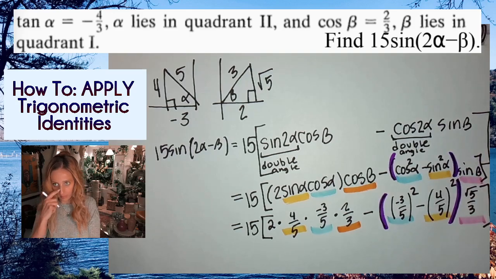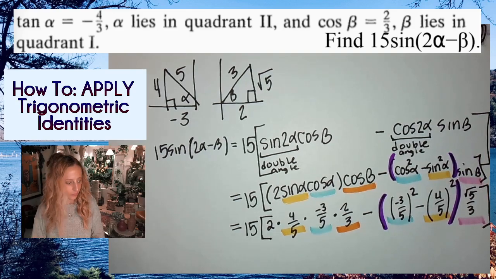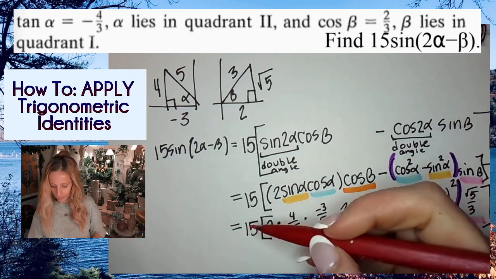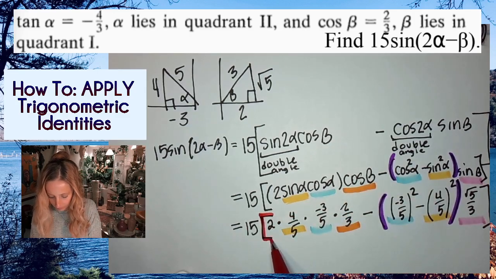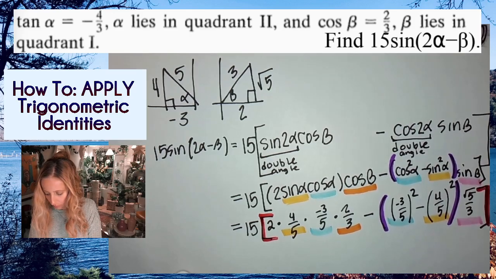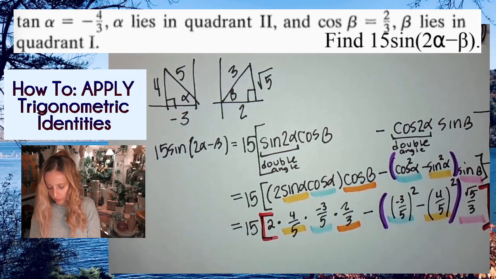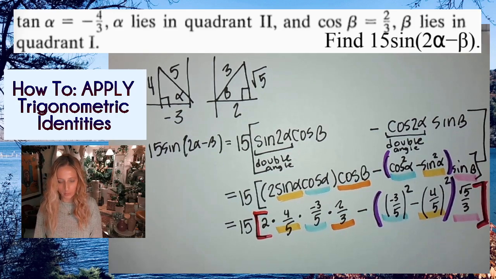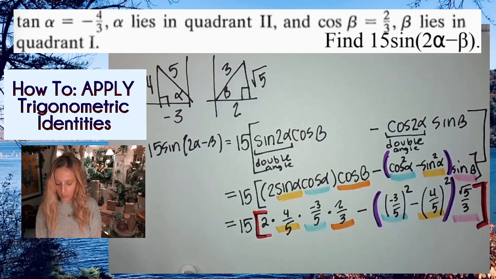That's important. Okay. And there's that. Now it's a little easier to see that everyone is accounted for. Okay. Negatives are where they're supposed to be. That 3 is negative. A lot of people will miss that.